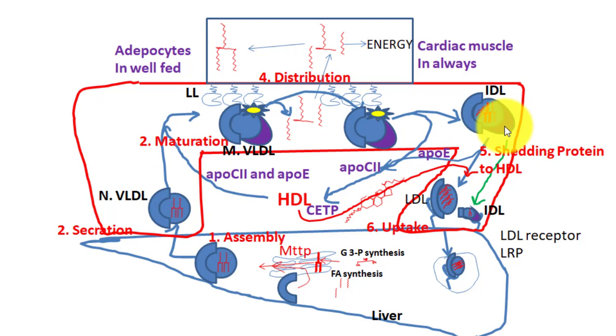If there is defective apoE, then IDL will increase and chylomicron remnants will increase, because apoE is the apoprotein through which they are taken up by the hepatocyte. Chylomicron remnants and IDL are both taken up this way. If apoE is defective, they will accumulate, and this will cause type 3 hyperlipidemia, which is hypertriglyceridemia.